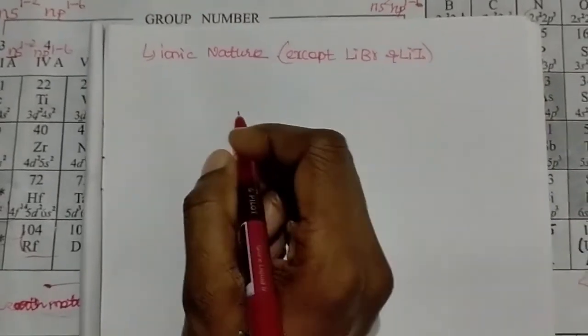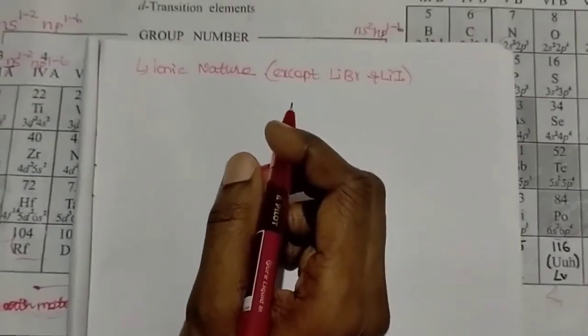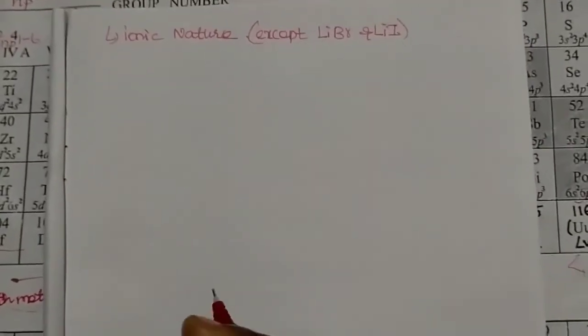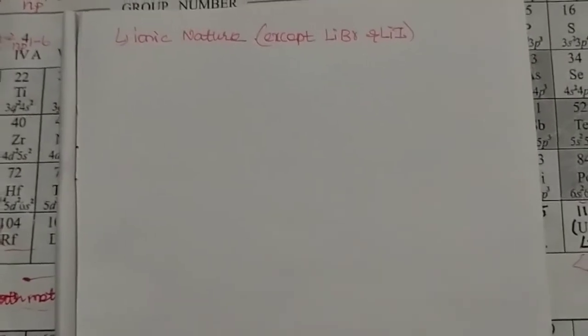So these two are not ionic in nature. Then solubility of these alkali halides: all the other halides are soluble in water except lithium fluoride.